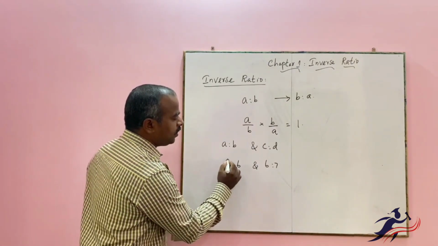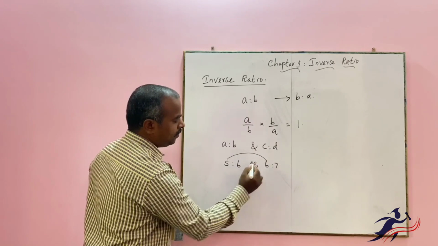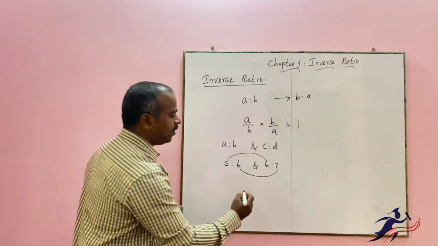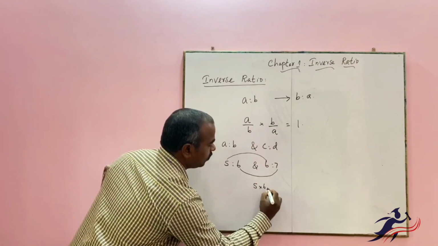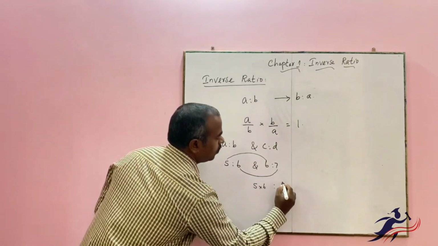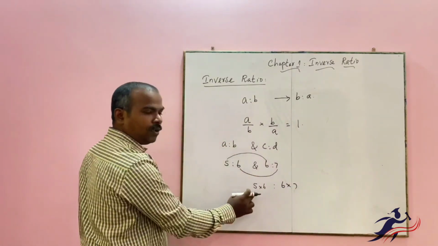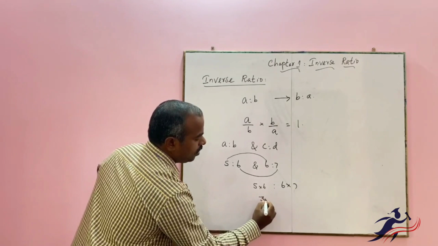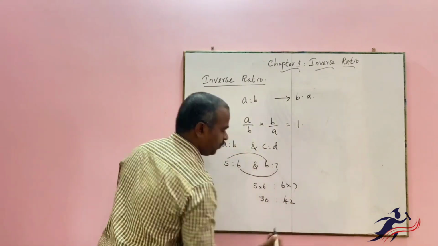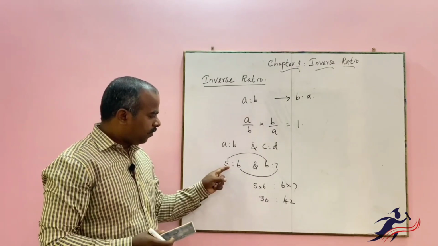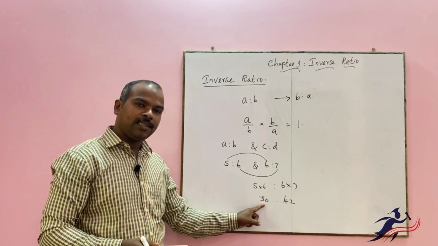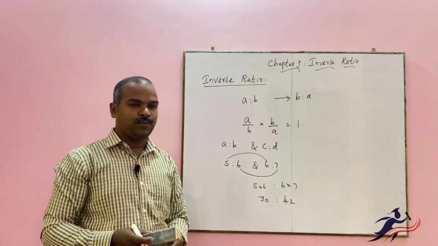That is, the first term is multiplied with the first term, the second term with the second term. That is, 5 into 6 is to 6 into 7. That is, 5 sixes are 30 is to 6 sevens are 42. Therefore, for these two ratios, the compounded ratio is 30 is to 42.